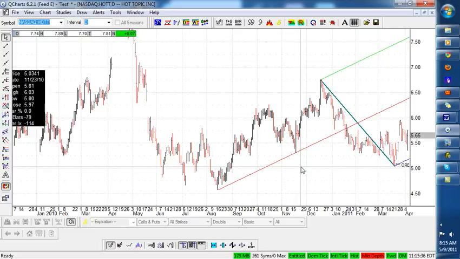So there are many characteristics for the J minus 1, many characteristics for the J minus 2, and J plus 1 and J plus 2. And J plus 2s are often very interesting points to enter the market on, as are J points.